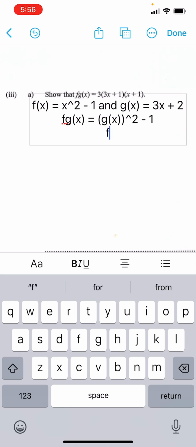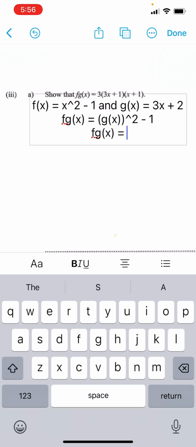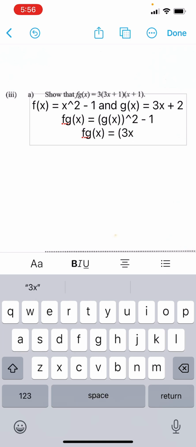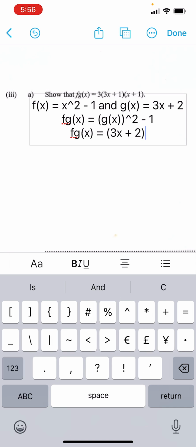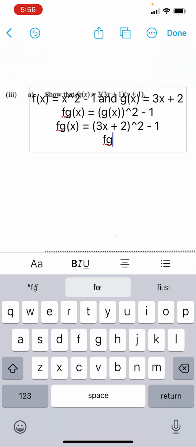So f of g of x is equal to, again, put this in bracket, 3x plus 2 squared, all that squared minus 1, right? F of g of x.